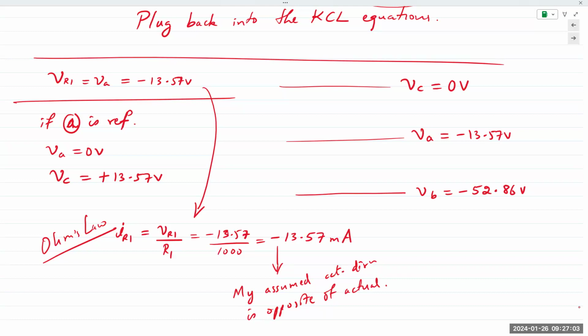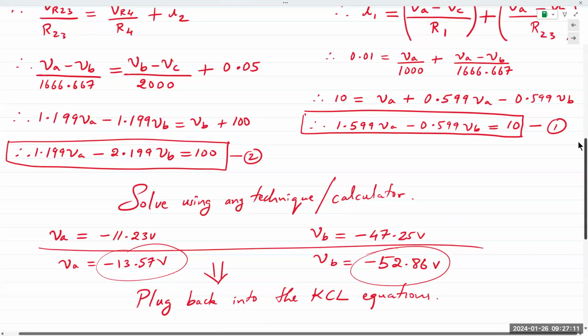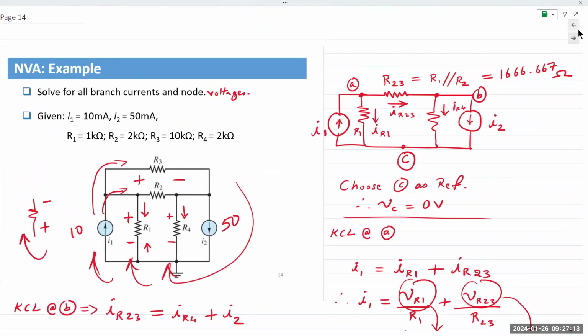So if a current direction is already given in the problem, then it makes a difference. See, in this example, a current direction is not given to us. There are no current directions given to us. If a current direction is given, if there's a current source in there and a current direction is given, then yes, we have to use that current direction.